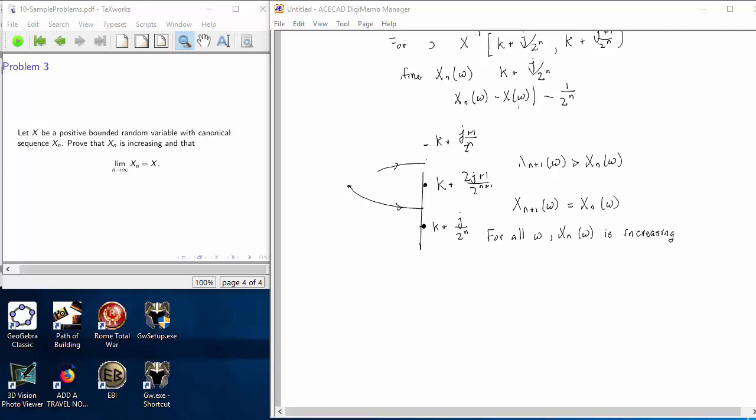The difference between x sub n and x becomes smaller and smaller, and therefore this sequence, which is increasing, converges to its least upper bound, x of omega. And that completes the proof.